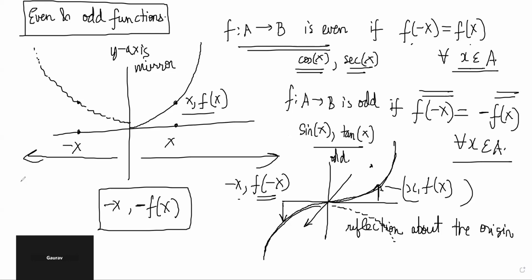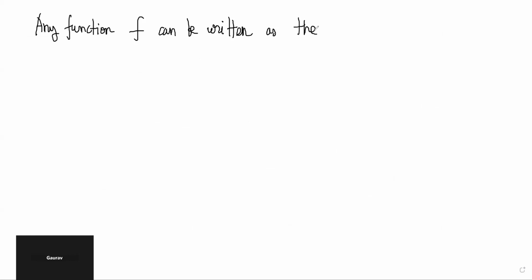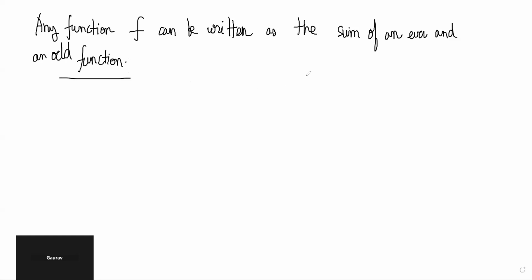Now, one important thing to remember about even and odd functions is that any function f can be written as the sum of an even and an odd function. So what do we mean by that?